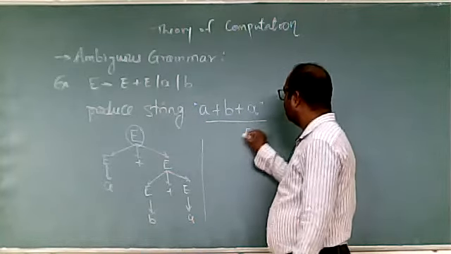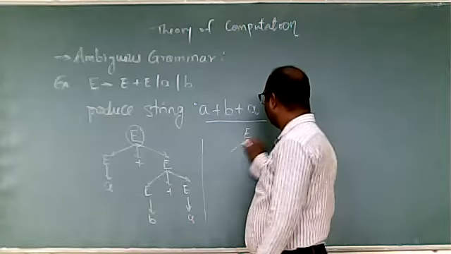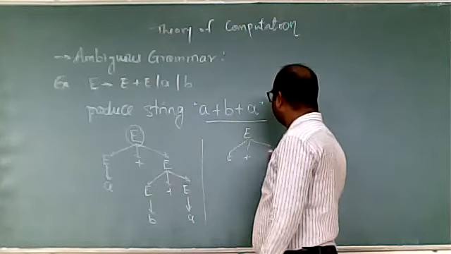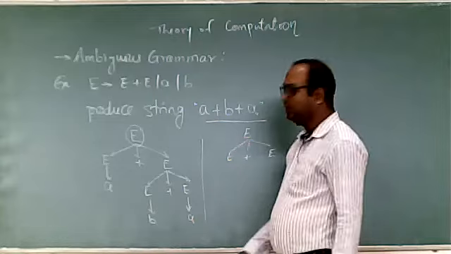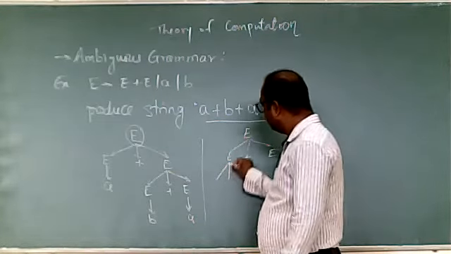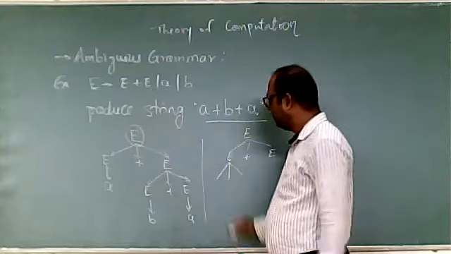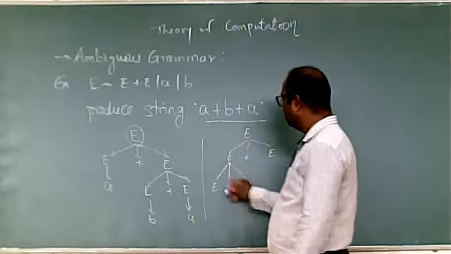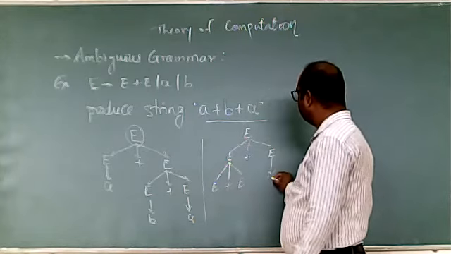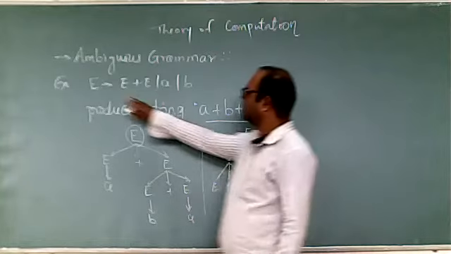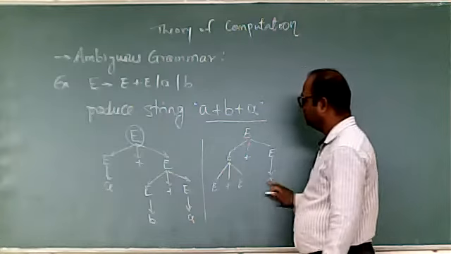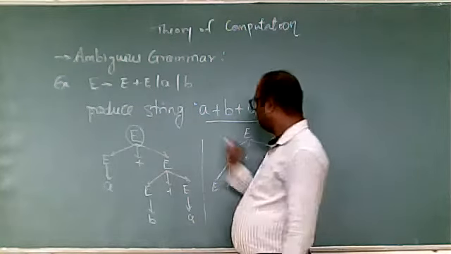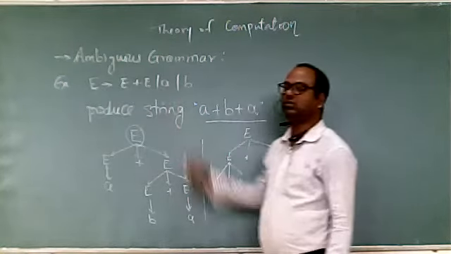So always I am starting with the starting symbol, first E plus E. Now for this E I will use again the same production, E plus E. And for this E I am using this terminal production, E tends to A. So this I am expanding with the help of the first production, E plus E. And for this E, I am producing E tends to A.